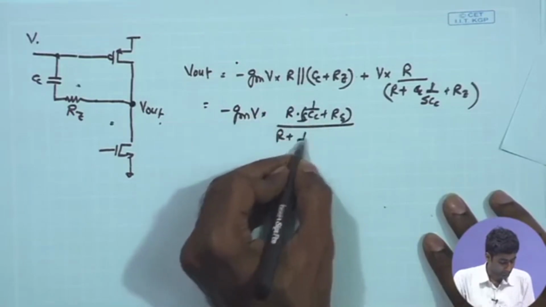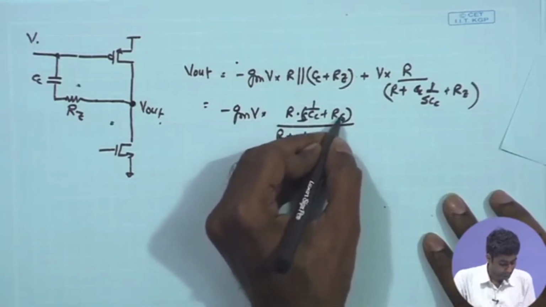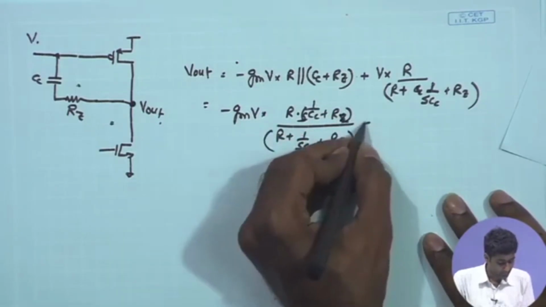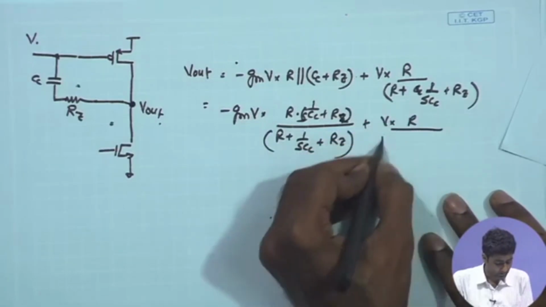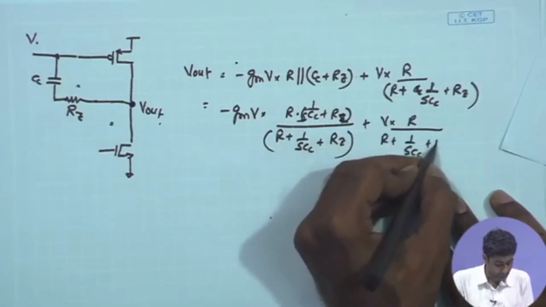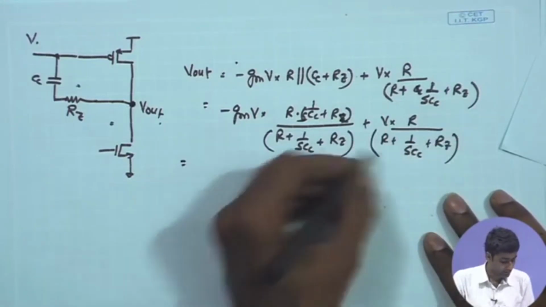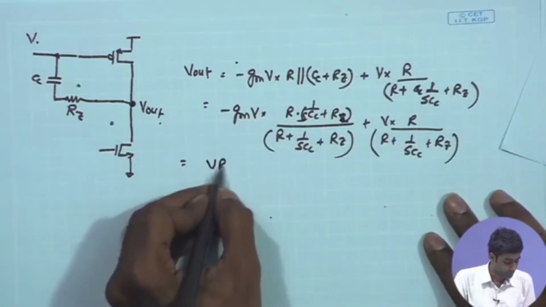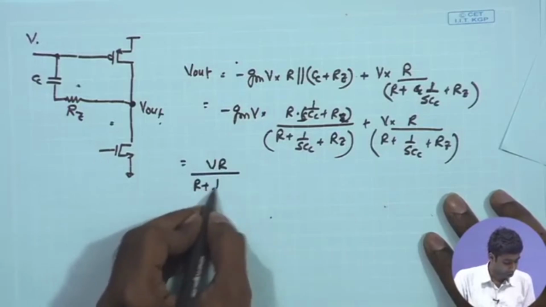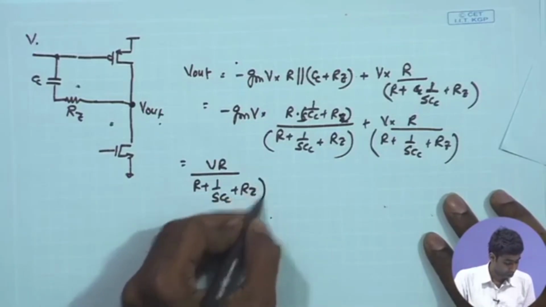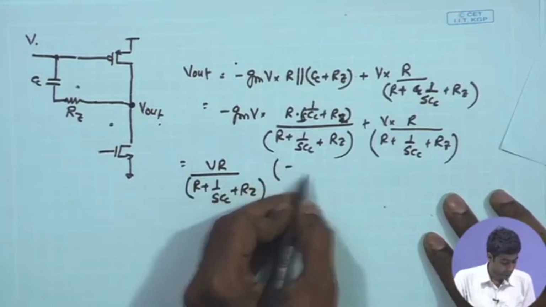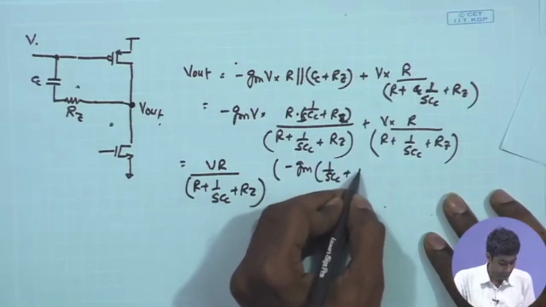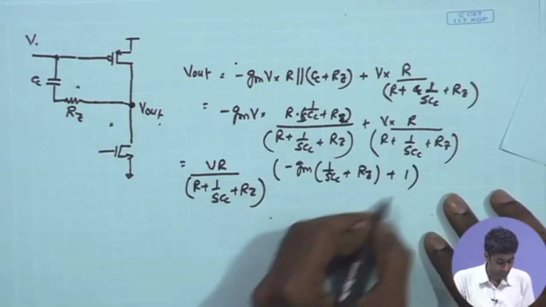So, we can try to solve this and look at the overall expression. One upon sCc plus Rz, plus V times R upon R plus 1 upon sCc plus Rz, and I can once again take out some factors as common. So, V, R, and you have gm times 1 upon sCc plus Rz, plus 1 coming over here.